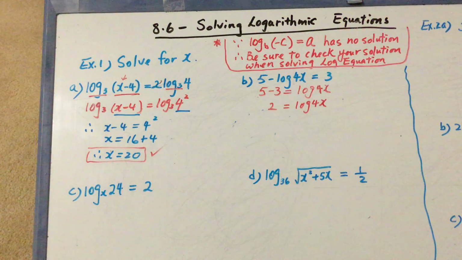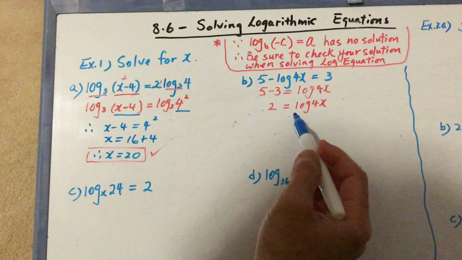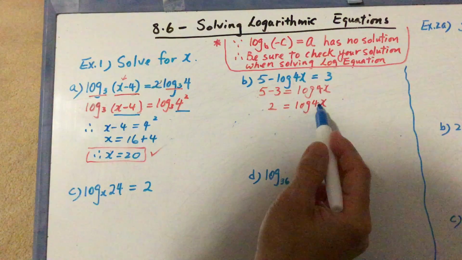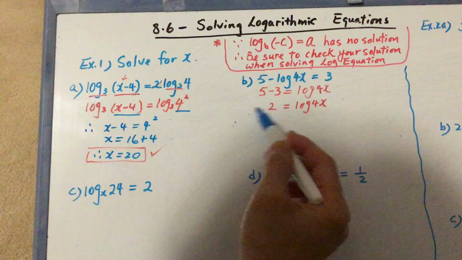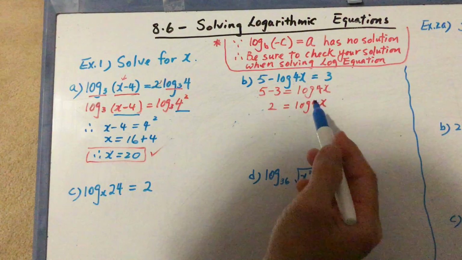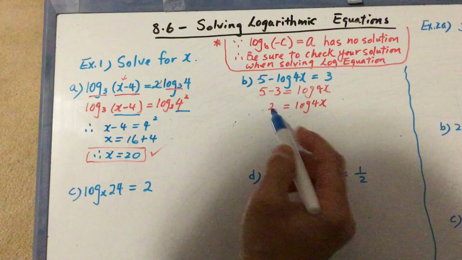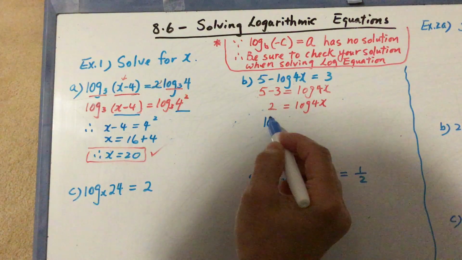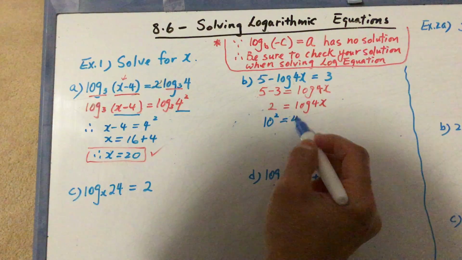There are two different ways you can solve for x here. The very first way: because the left side is not in log form, we can use the exponential form. This question has the base of 10, so 10 to the exponent of 2 must be equal to 4x.